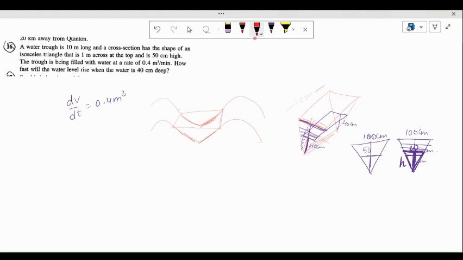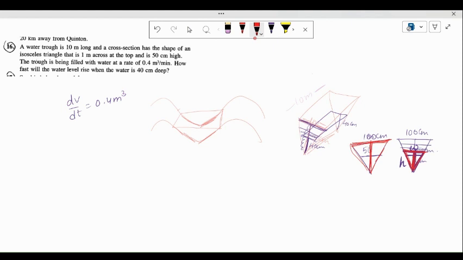Now you take this triangle, in which this is the 100 centimeter width and this is the height. Now observe the small triangle. This is the width and this is the height.